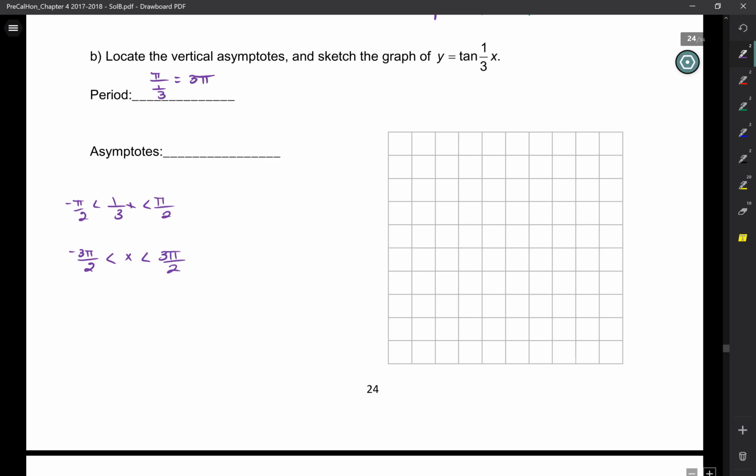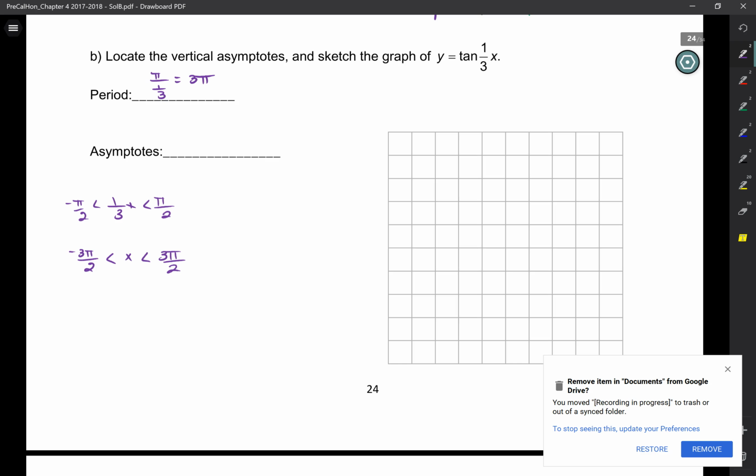Now let's just check for a minute. This is going from negative 3 pi over 2, negative 1.5 to positive 1.5. That distance is 3 pi, which is consistent with what we got for the period. So the asymptotes are going to be at x equals plus or minus 3 pi over 2.